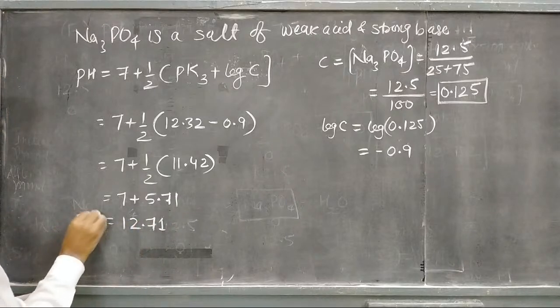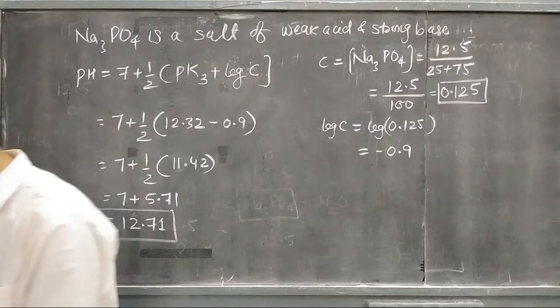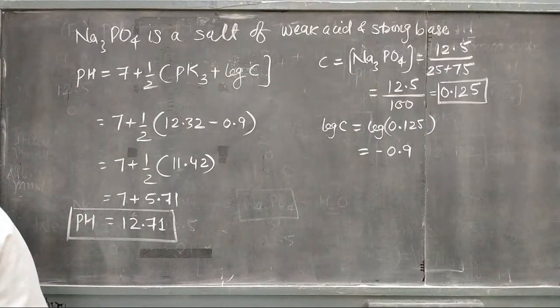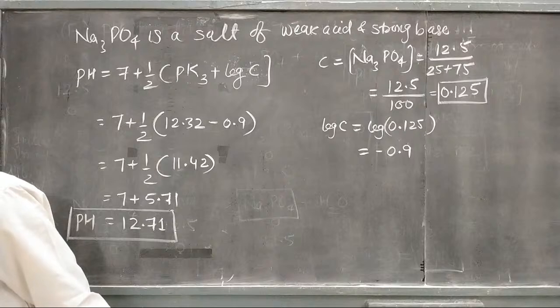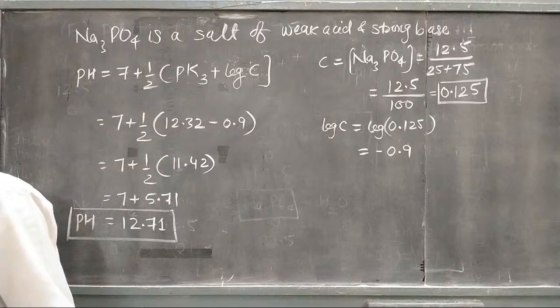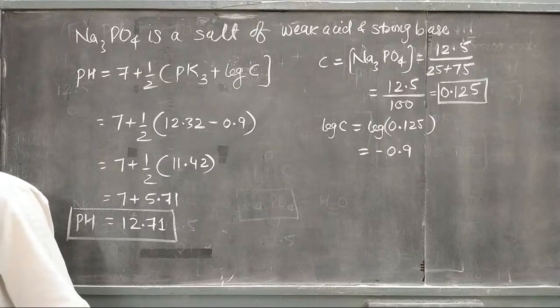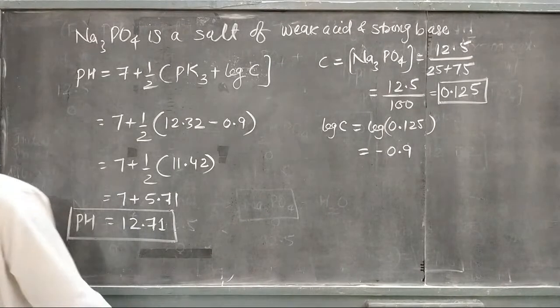So the pH of the sodium phosphate formed is 12.71. The value given in your book is 12.3. Okay, so there is a bit of confusion, but anyhow we can take it as 12.71.